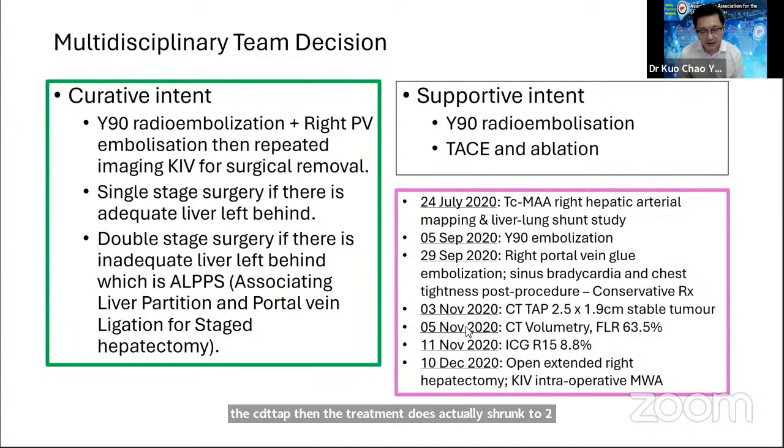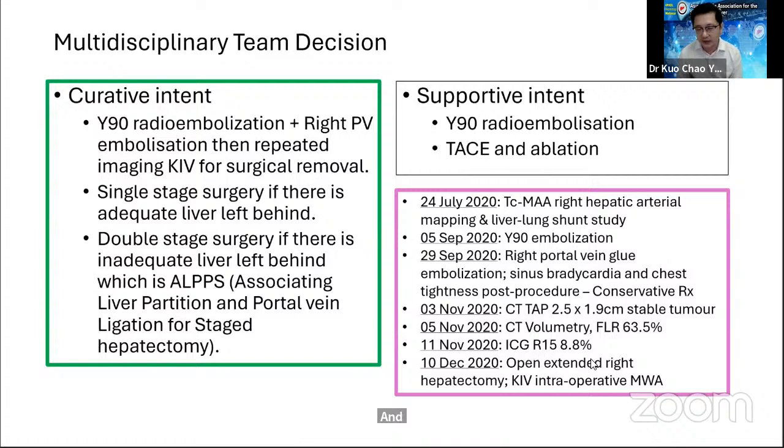After that, we repeated the CT volumetry, and the future liver remnant became 63.5%. And then we did further ICG retention at 15 minutes, which is 8.8%, which is still a good liver reserve.